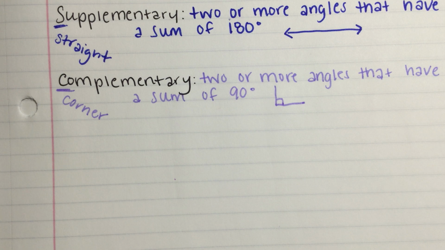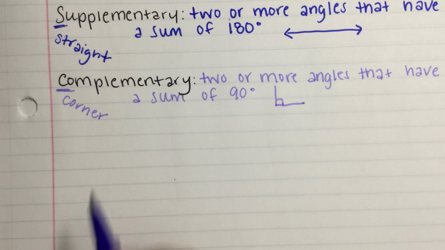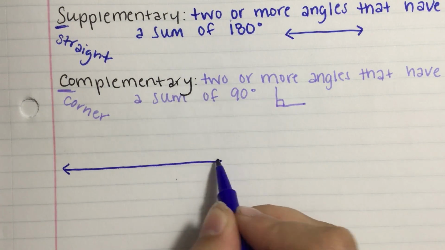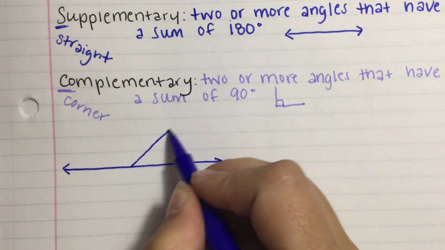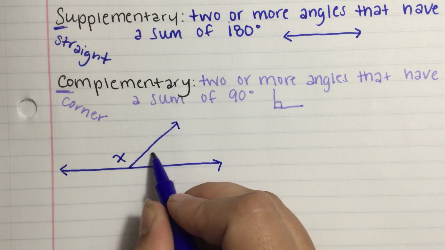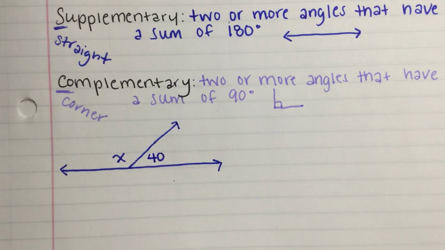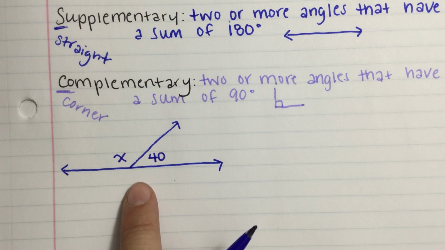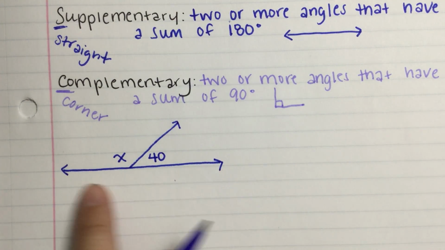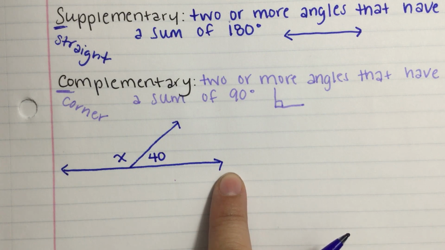So for example, if I said that I had a set of angles that looked like this, okay, there are two ways that I can solve this. I know that because this is a straight line, it has a total of 180.